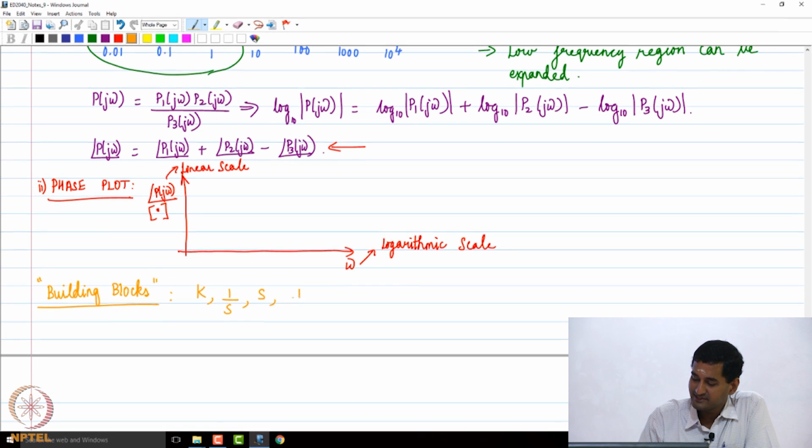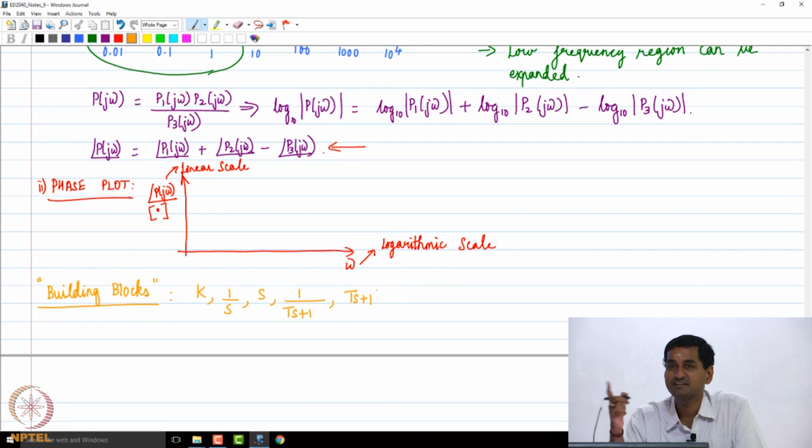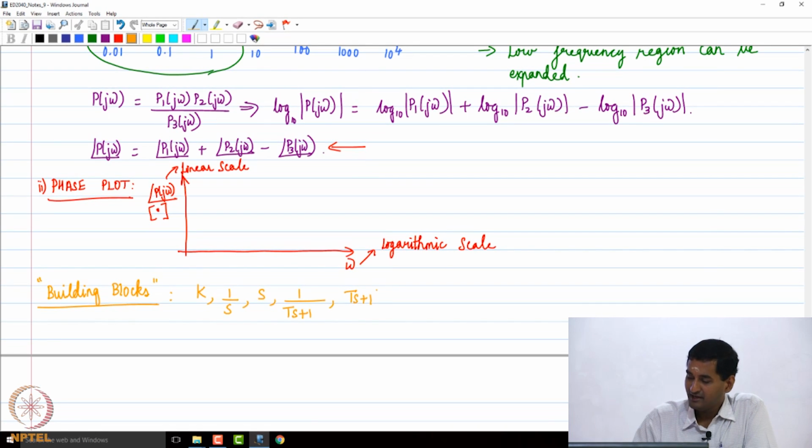Then what else? It can have a first order term of the form 1 by ts plus 1. It can also have ts plus 1. I am just writing down all the potential factors that can appear in the numerator and the denominator. And we can also have a complex conjugate factor of the form omega n squared divided by s squared plus 2 zeta omega n s plus omega n squared.